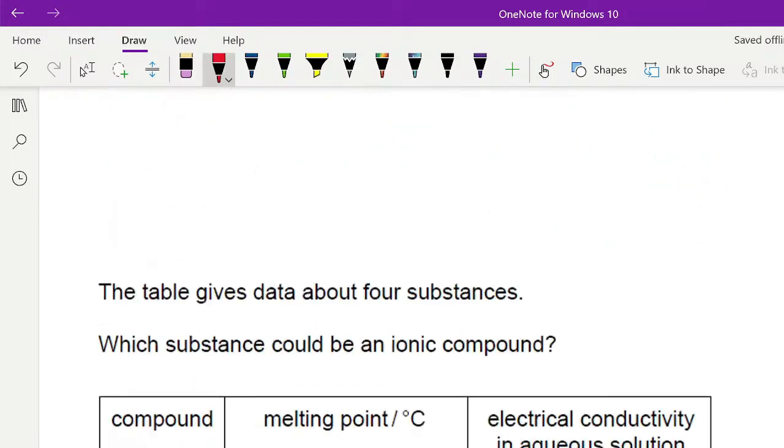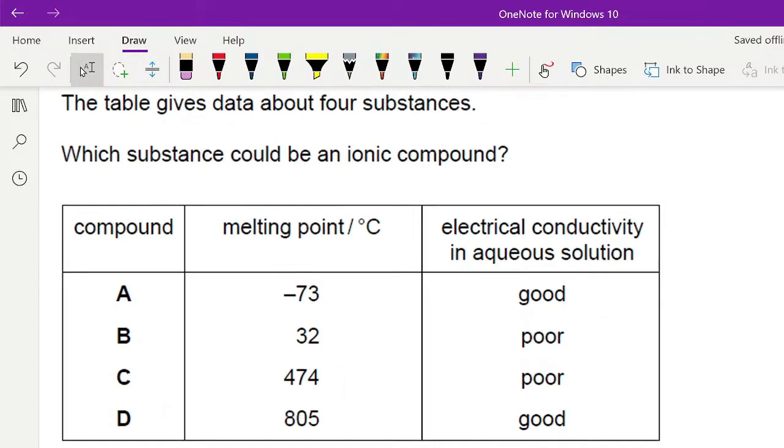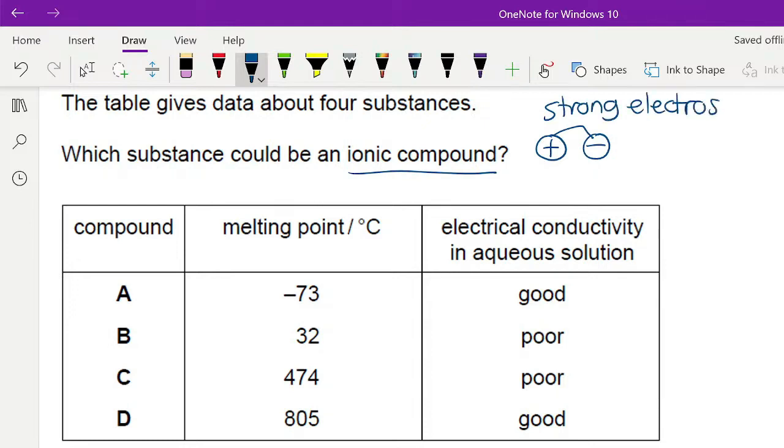Now about this question. The table gives data about 4 substances. Which one could be an ionic compound? An ionic compound consists of positive ions and negative ions, so there is a strong electrostatic force. So the melting point must be high. Okay, so it could be C or D. Let's take a look later.